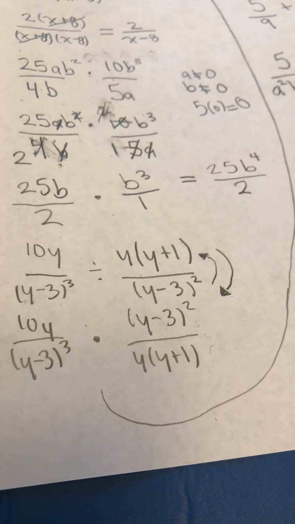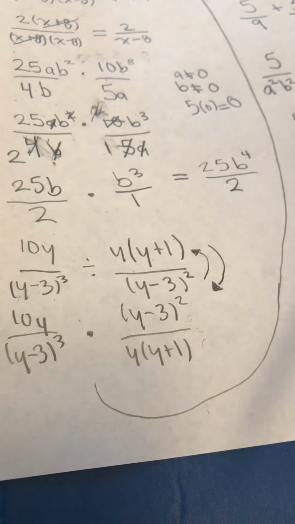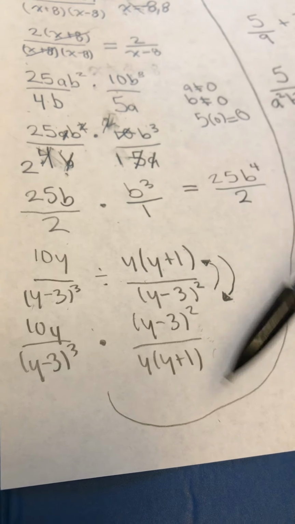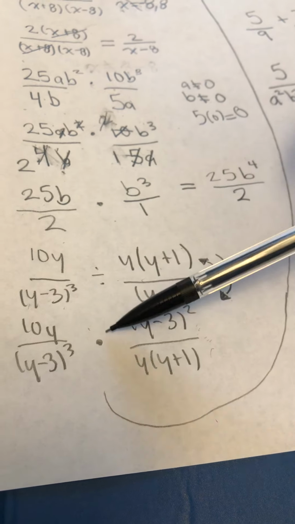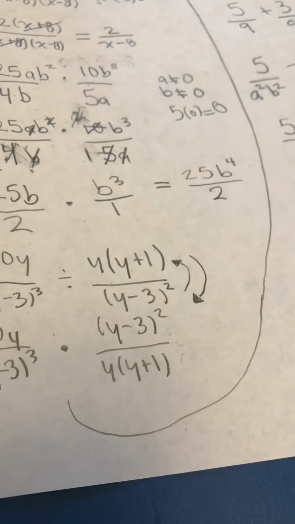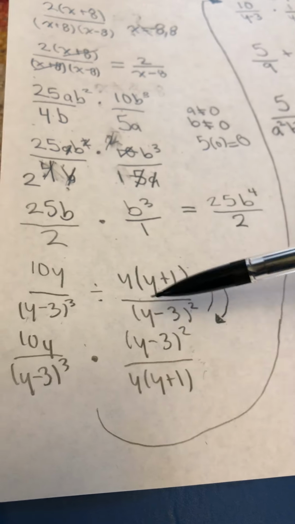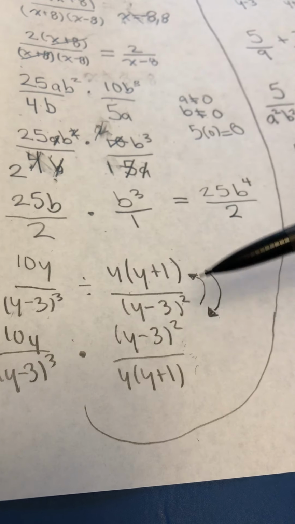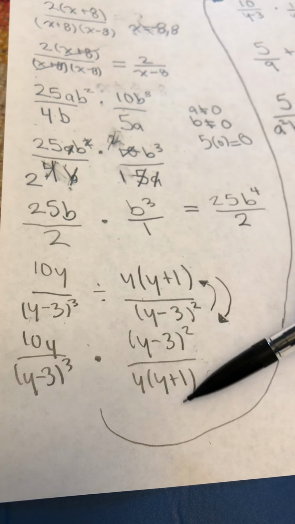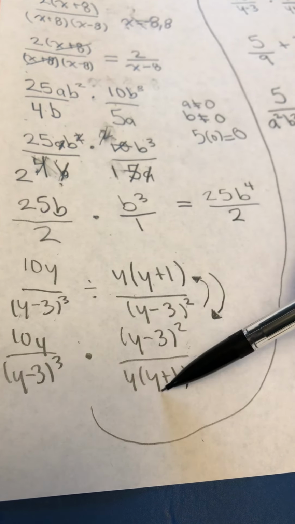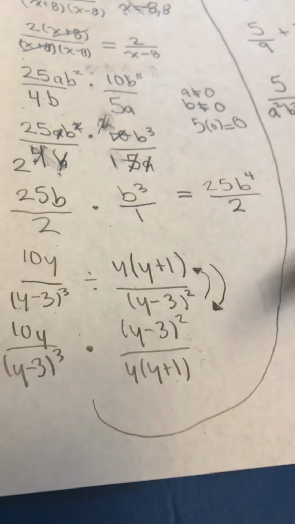You do that because it's a lot easier to solve this question if it's multiplication. Once you flip, bringing the bottom to the top and the top to the bottom, we have now (y minus 3) squared over y(y plus 1).